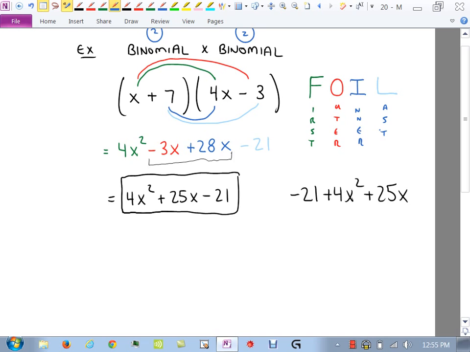Yes? Now, the reason why I don't teach FOIL is just because FOIL's great when you have binomial times binomial. But what happens if you have binomial times trinomial? Then you use the other 4-letter F word, and that's what you are, because you can't do it. Seriously, FOIL works for binomials.